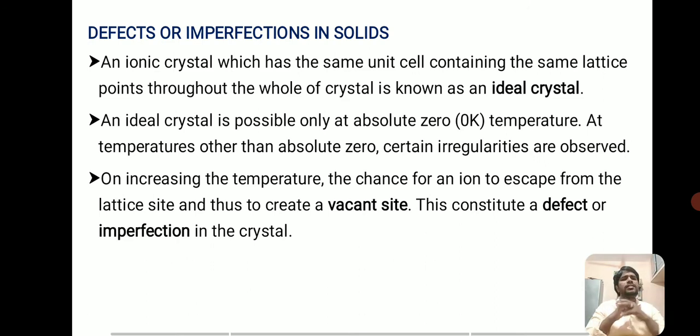Other than zero temperature, certain irregularities are observed. On increasing the temperature, there are chances for an ion to escape from its lattice site and thus create a vacant site. This is what is called a defect or imperfection in a crystal.